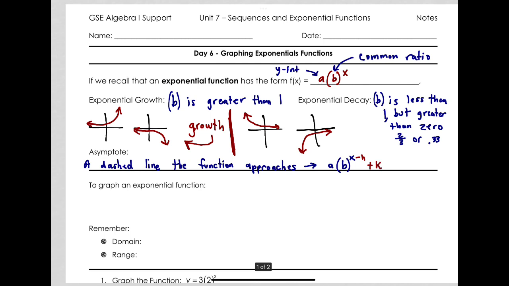K is where you're looking to find the asymptote. I'll just write that for you. That's the asymptote. You'll know what that means in just a second once we start graphing.